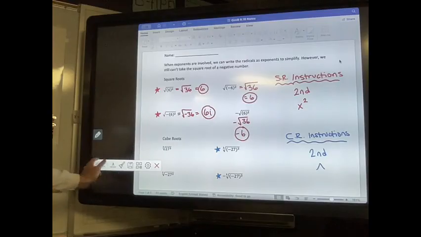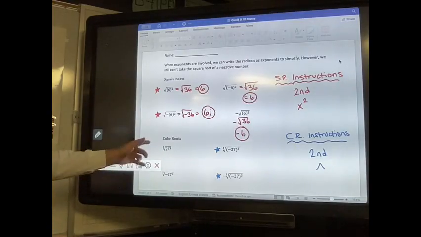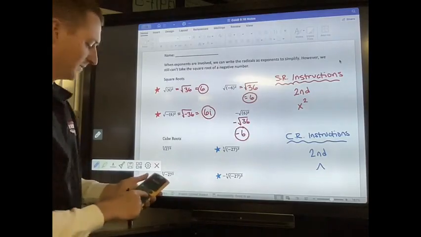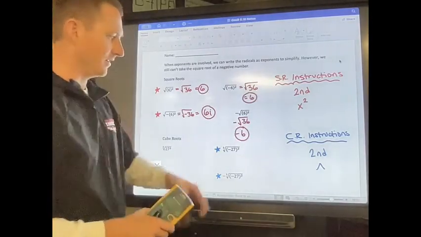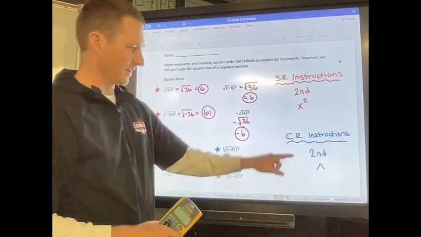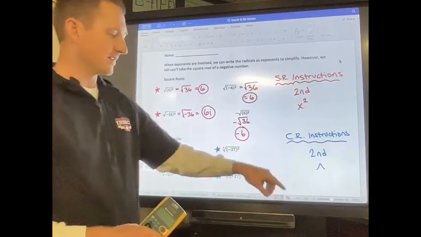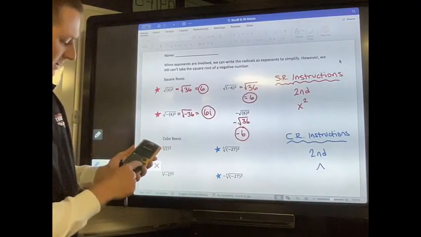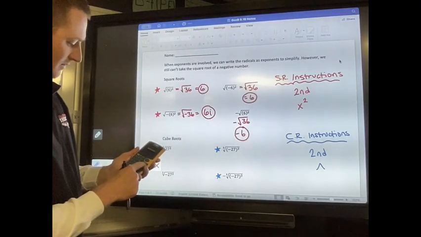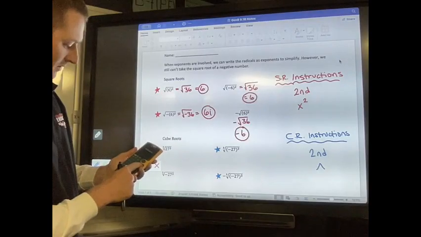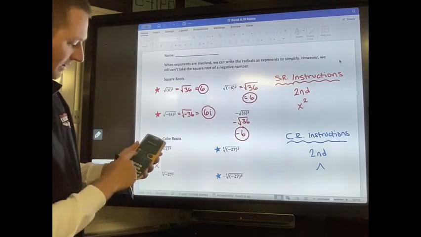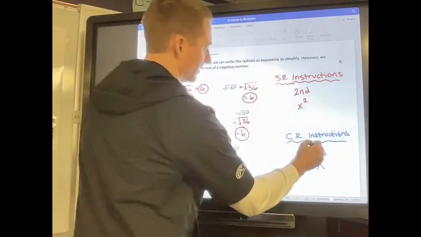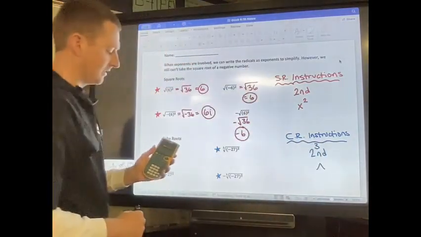Now, down here with the cube roots, it's a little different because cube roots can use negatives. That is okay. To type in a cube root, it's a little different. We have the instructions over here in blue. We're going to hit the second button, and then we're going to hit this little up arrow caret. I'm going to hit 3, and then second, and then the up arrow.